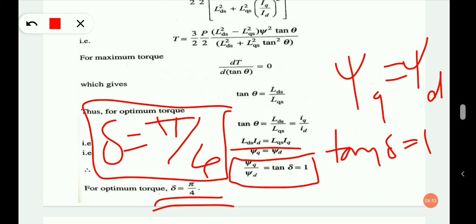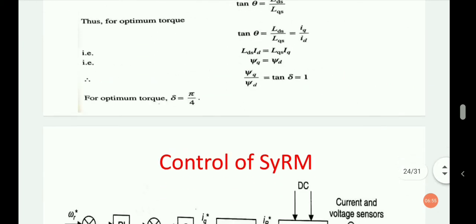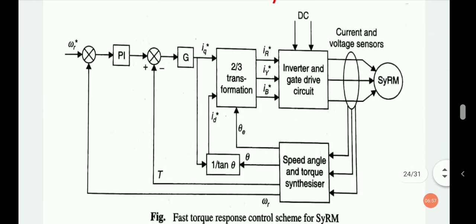A simplified block diagram for implementing the fast torque response control scheme is shown in the figure.